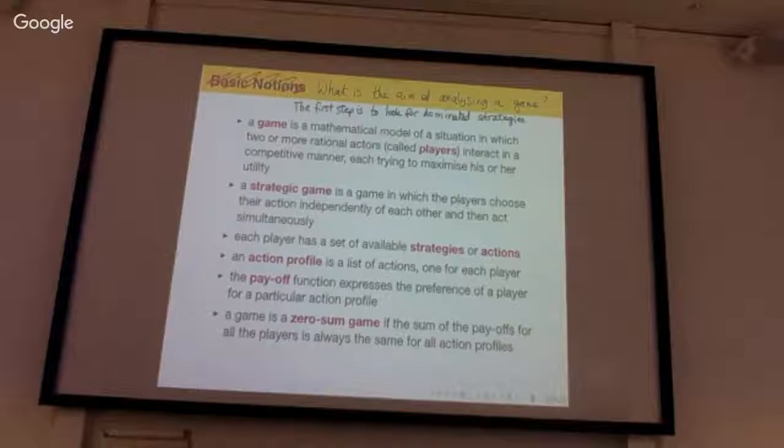But there could be things like turn-based games, where they make 1 turn each. So we're not looking at those. We're just looking at a very small part of game theory here. So we'll mostly be concerned with strategic games, where both players make a decision independently and then they act.